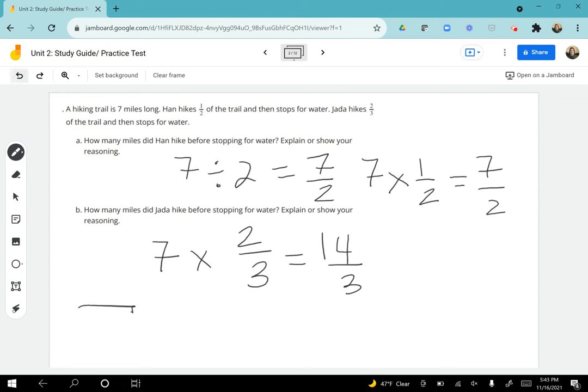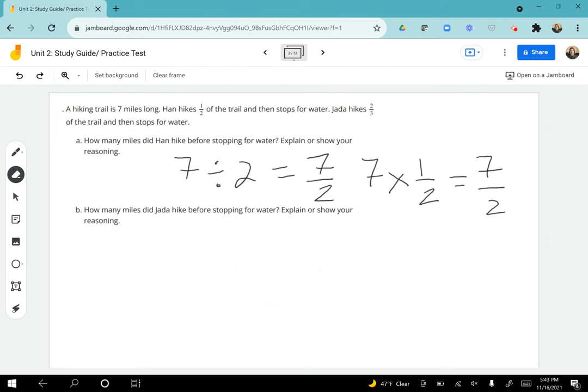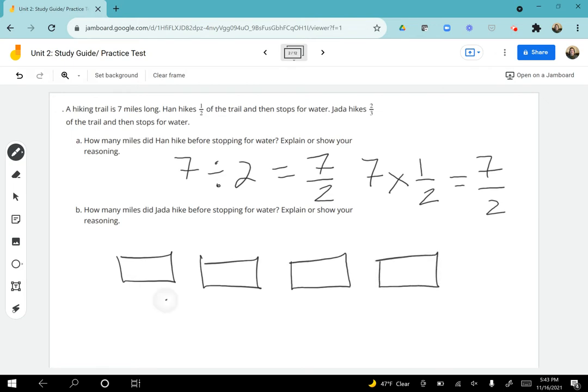Oops. Okay, so it looks like maybe I need to erase this here. This will give us plenty of space. Okay, so I'm going to draw 7 holes here. Each hole is going to represent 1 mile out of the total of 7 miles the 2 people hiked.